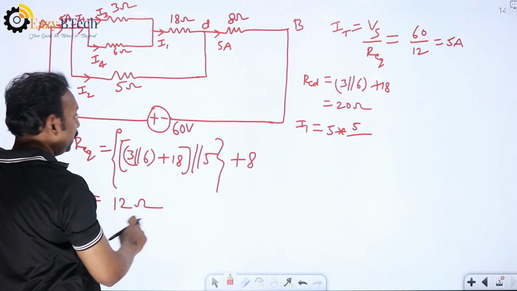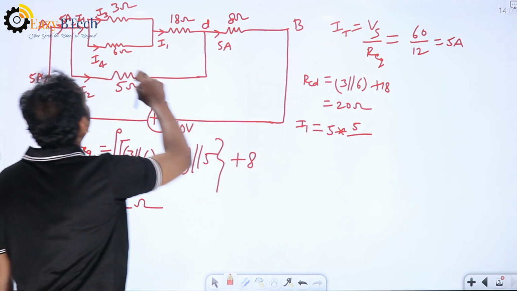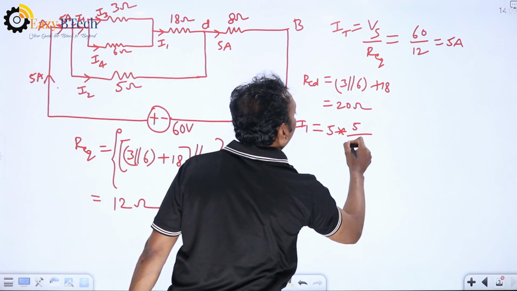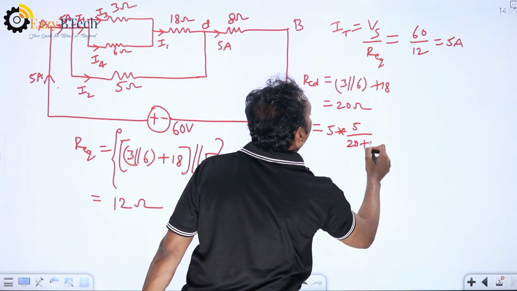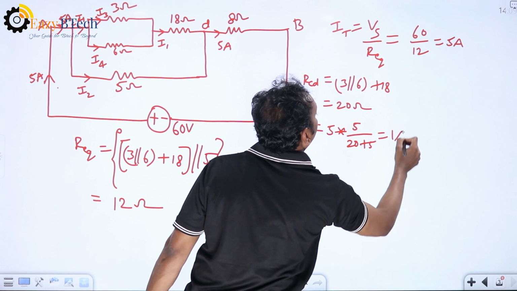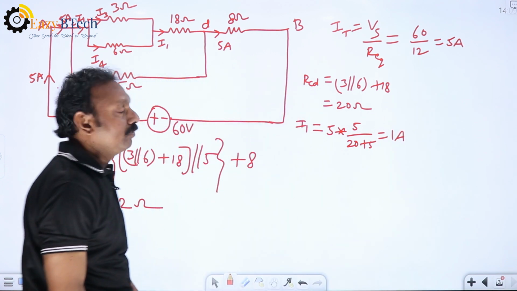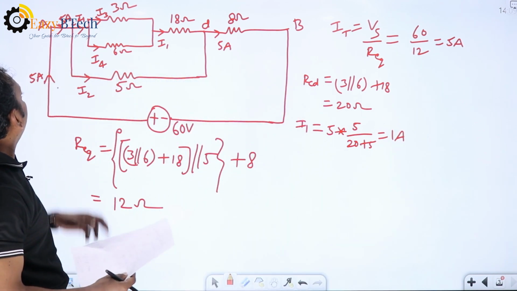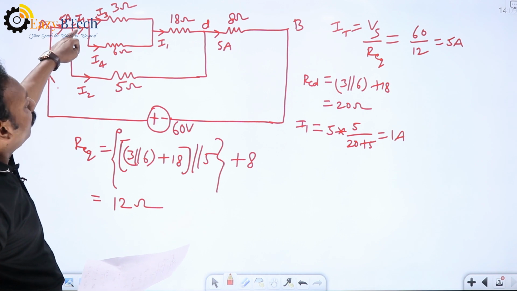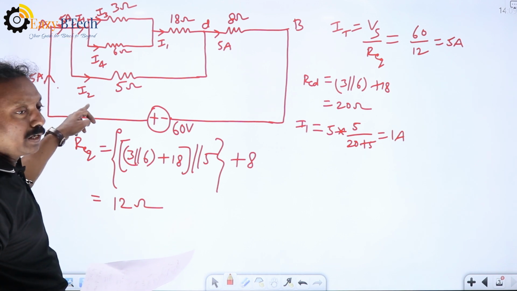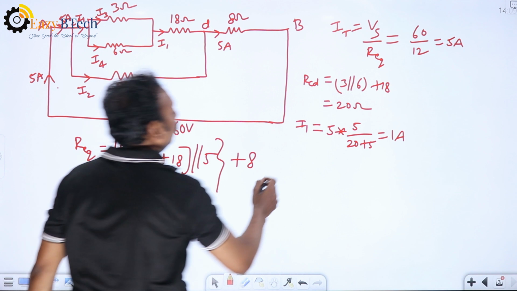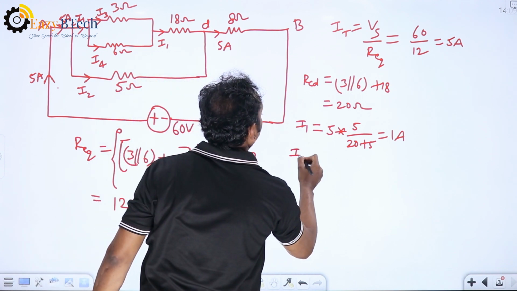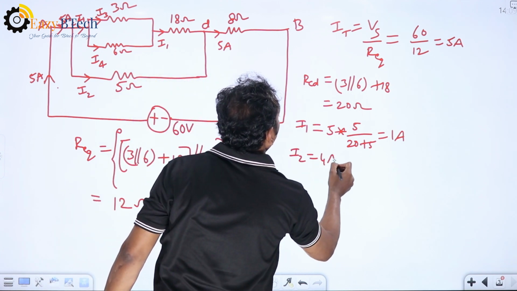Between C and D, the resistance is 20. 20 plus 5, 25. You will get 1 ampere. This is the I1 value. Here the total current is 5 ampere, I1 is 1 ampere, so what is the remaining current I2? 4 ampere only. I2 will be 4 ampere.